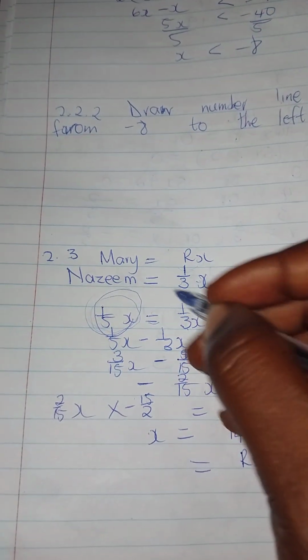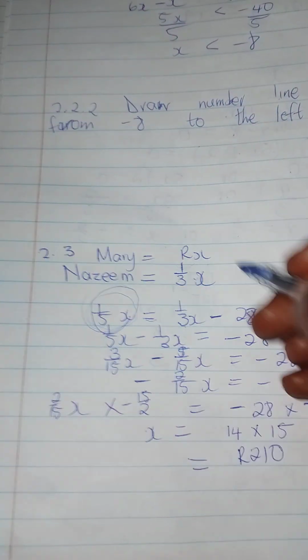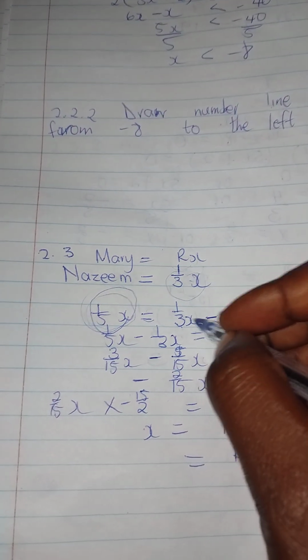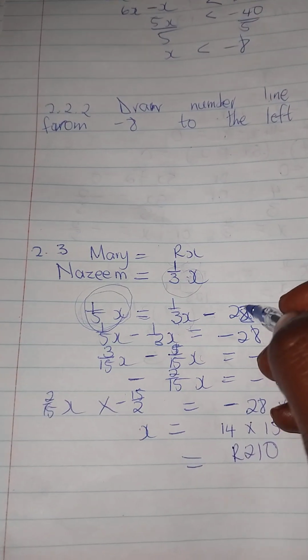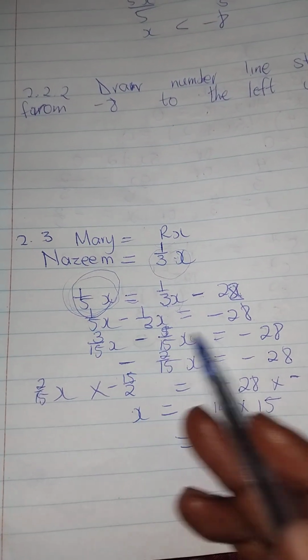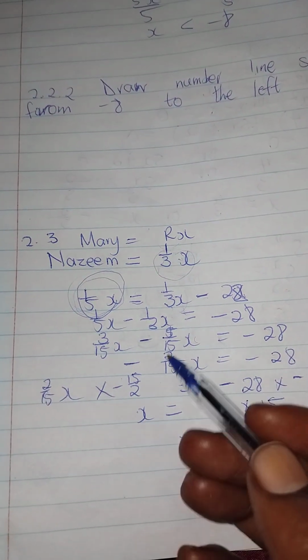But xa ujonga ungezantsi nge-28 rand is 28 rand less than ekanazim. So sithatha mos la formula sesiyenzile kaNazim. So it's 1/3x minus 28, ne?